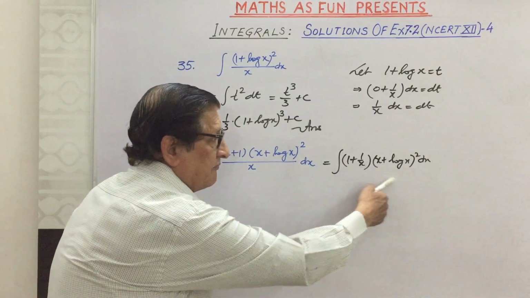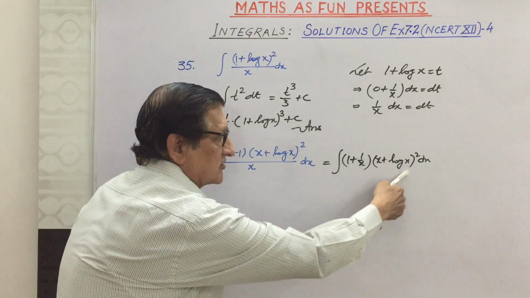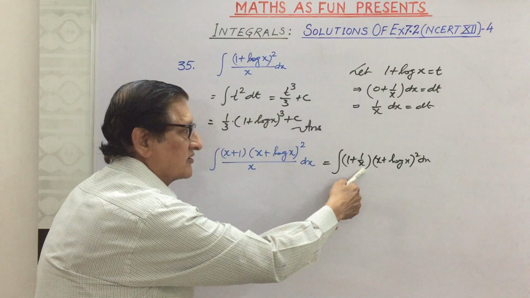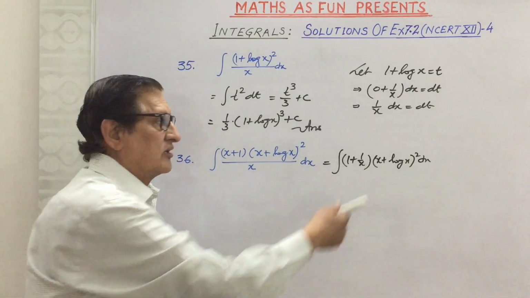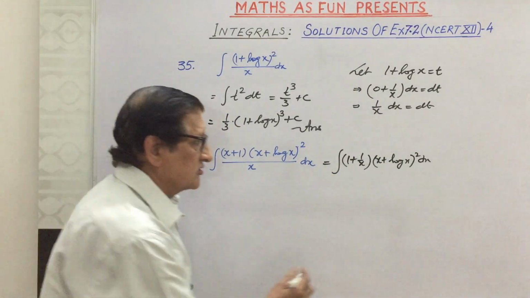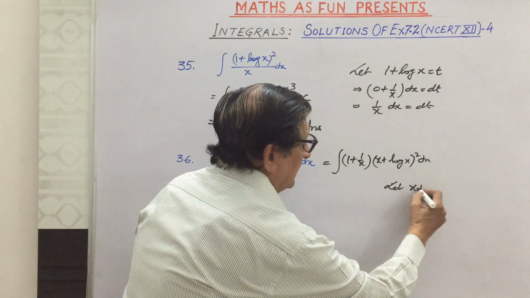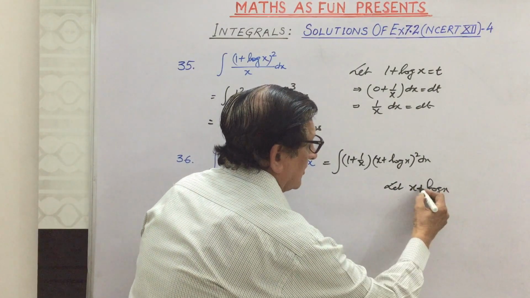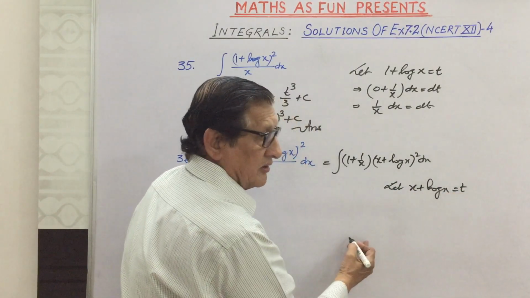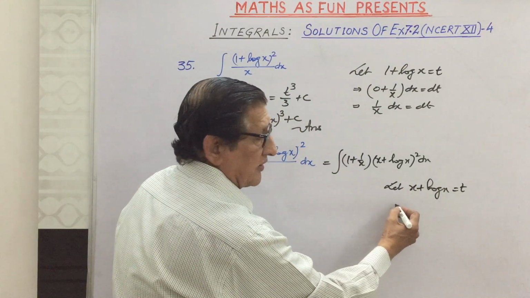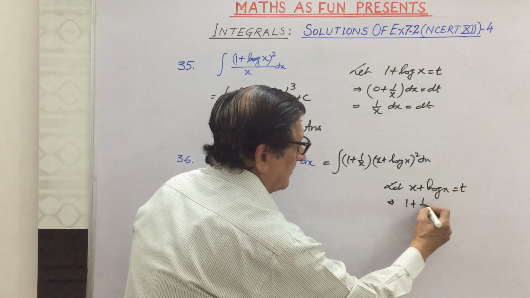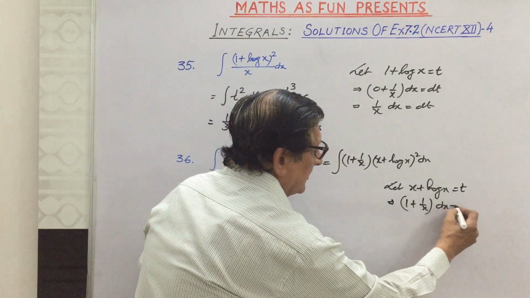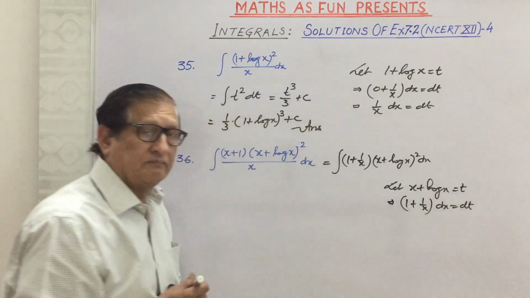And we can see that the derivative of x plus log x is 1 plus 1 upon x. So we can consider this as t. Considering x plus log x as t, differentiating with respect to x, we get 1 plus 1 upon x dx equal to dt.